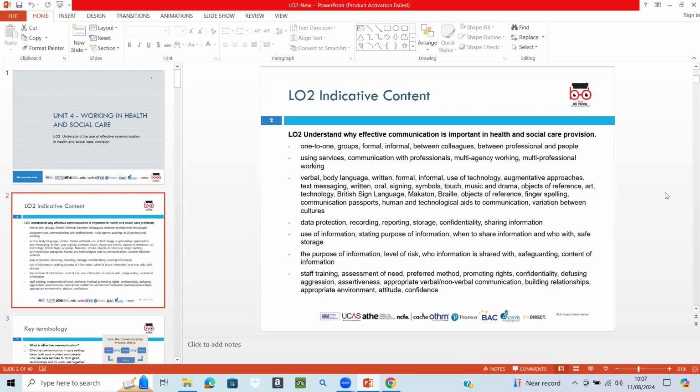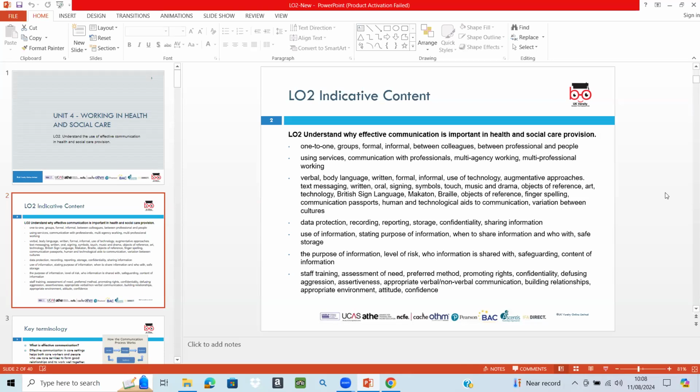So the objectives which will guide our learning today, the first one is understand why effective communication is important in health and social care provision. So effective communication is crucial in healthcare because it directly impacts the service user outcome and the quality of care.